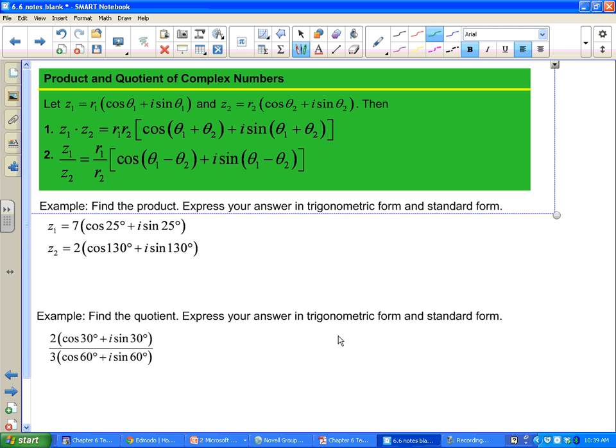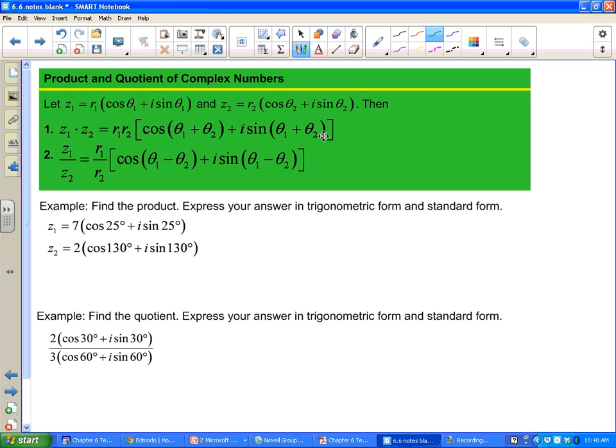Now we're going to do products and quotients of complex numbers. If you have two complex numbers, z1 and z2, both in trigonometric form, then if I want to multiply them together, I take the r's and multiply them together, I add the angles and plug those in, and then if it asks for it in trig form, I'm done.